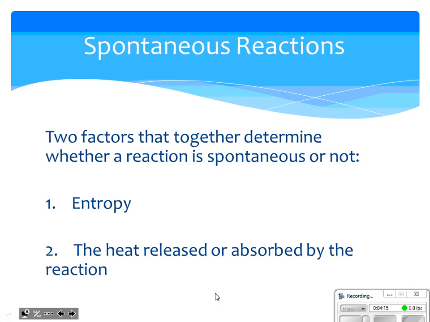So two factors will influence whether a reaction is spontaneous or not.